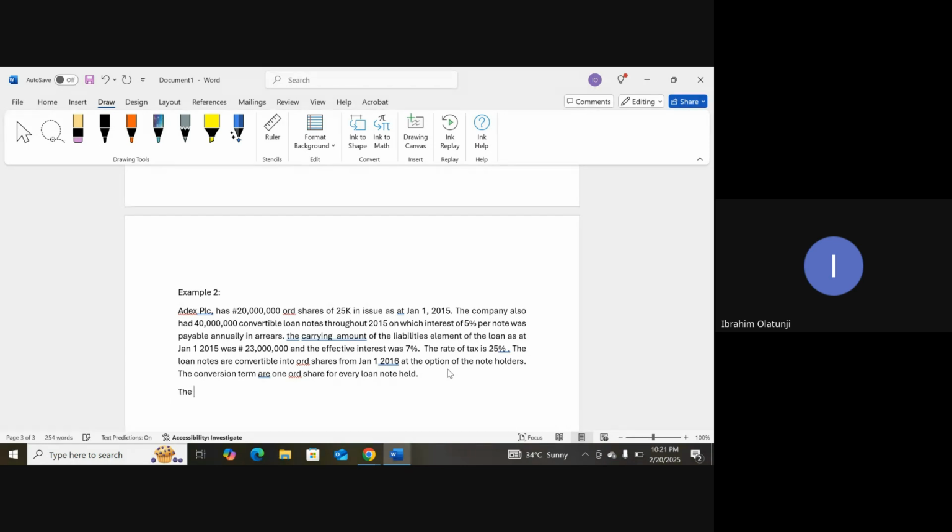Okay. The reporting profit for the year ended 31st December 2015 was 6.4 million.